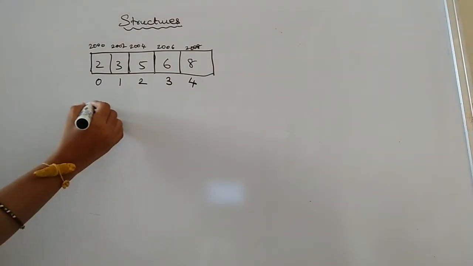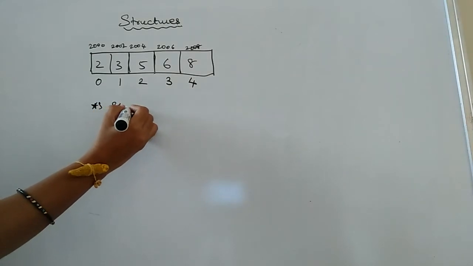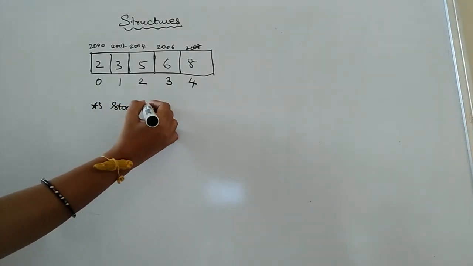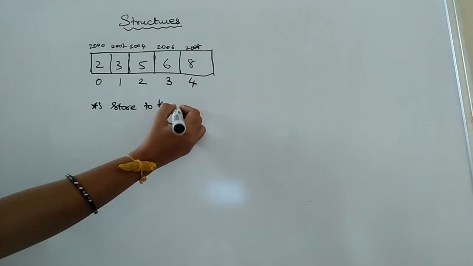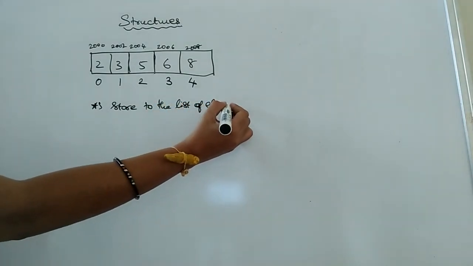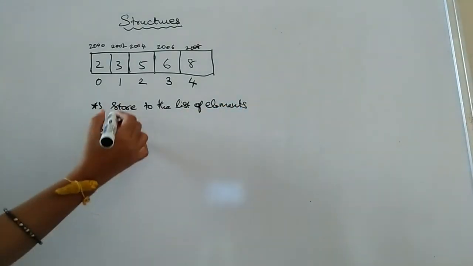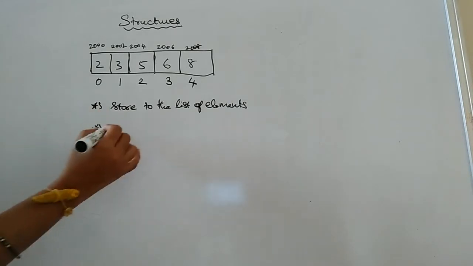So the first thing is, an array is used to store a list of elements, which all belong to the same data type.